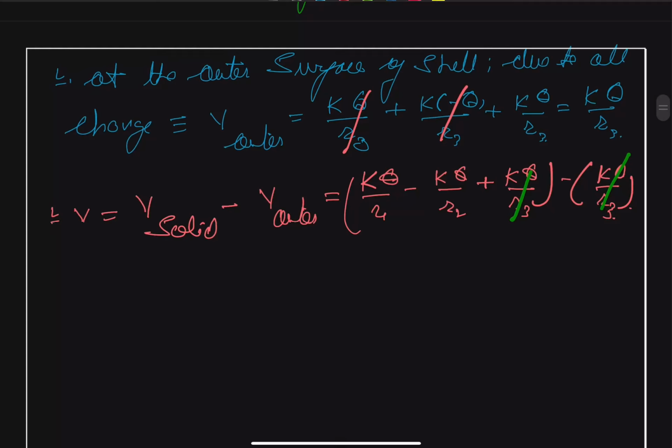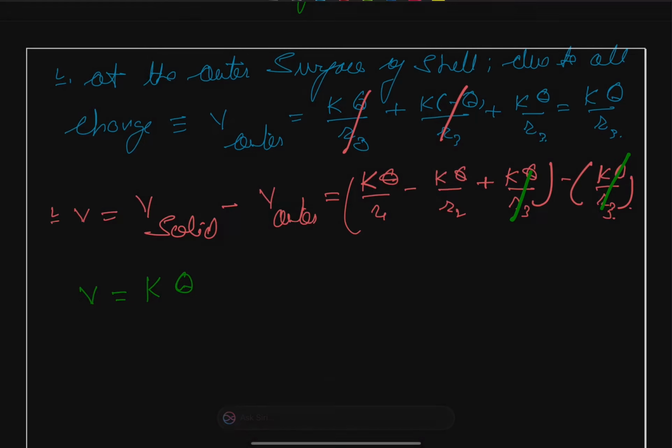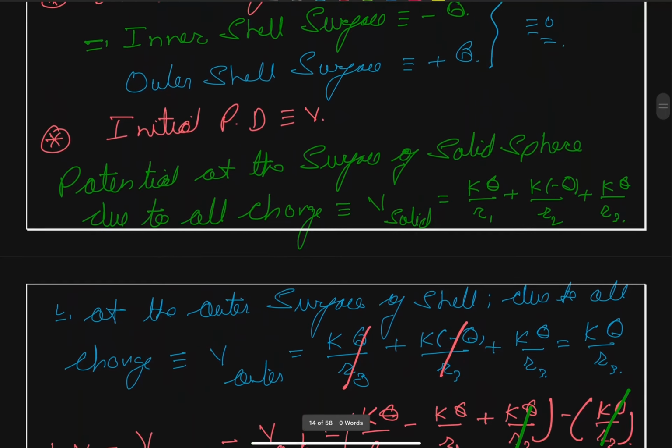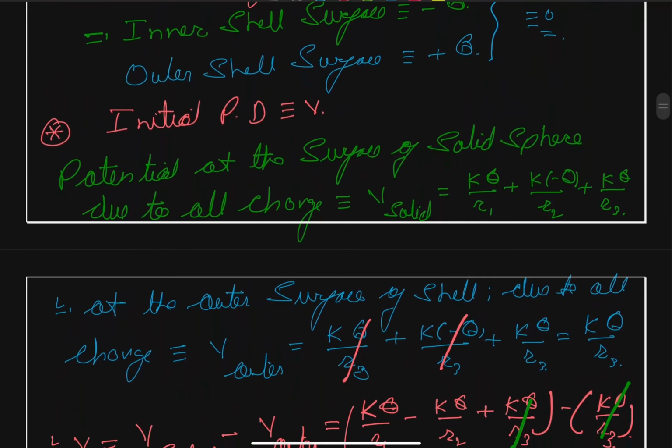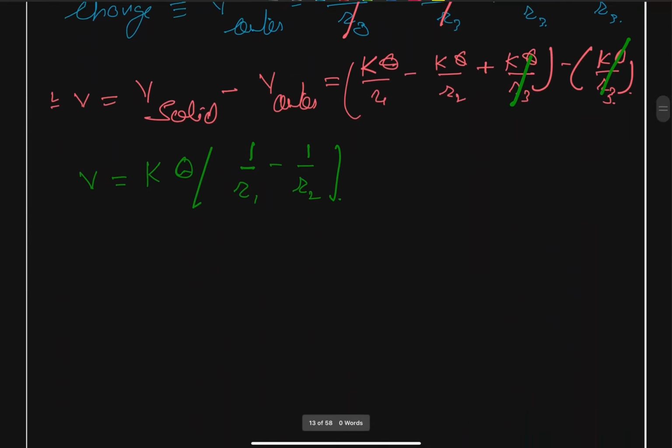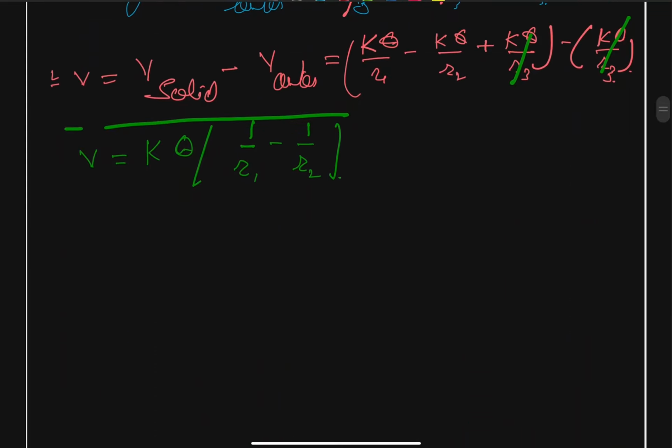So V is equal to kq common, times 1 upon R1 minus 1 upon R2. So this is our initial potential difference. Now we are given that the outer shell is given a charge of minus 4q.